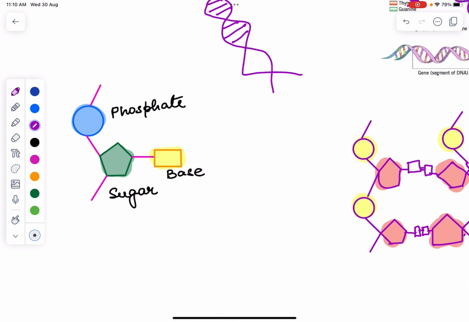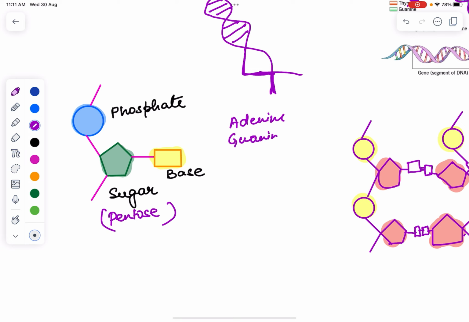It is made up of phosphate and sugar, pentose sugar. They form a strand of DNA, and the bases will be adenine, guanine, cytosine and thymine. So these are the bases of DNA, nitrogenous bases.